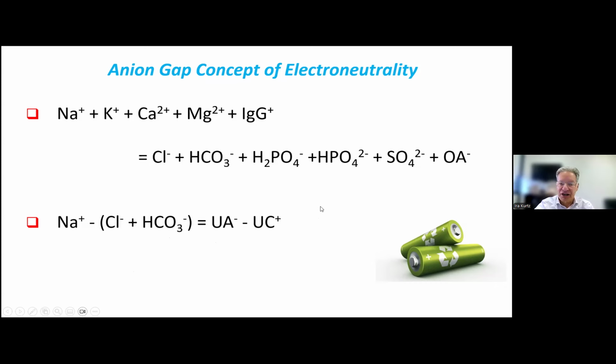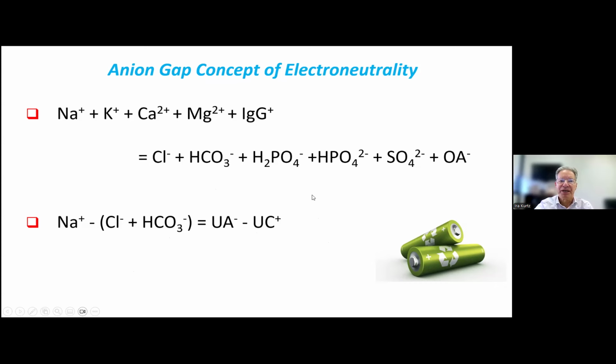We tend to think of it clinically as being organic anions going up, such as beta hydroxybutyrate, acetoacetate, lactate. Those are the more common reasons the anion gap increases. But remember, they can go in either direction. For instance, albumin is negatively charged, and when albumin goes down or up, it can change your anion gap here. It's in this term.